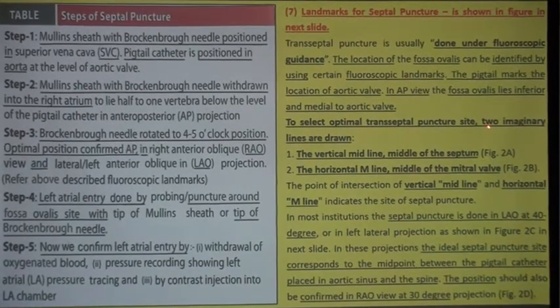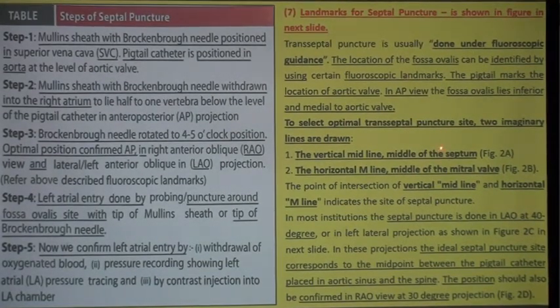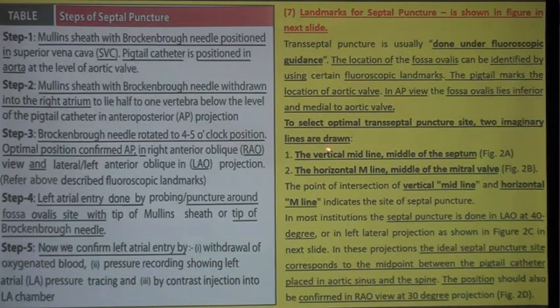I will show you both in the next slide. Then the point of intersection of the vertical midline and horizontal midline indicates the site of septal puncture. I again repeat, the point of intersection of the vertical midline and horizontal midline indicates what?